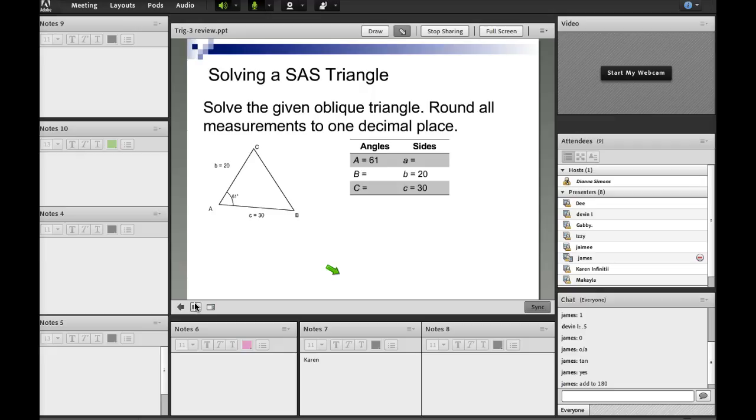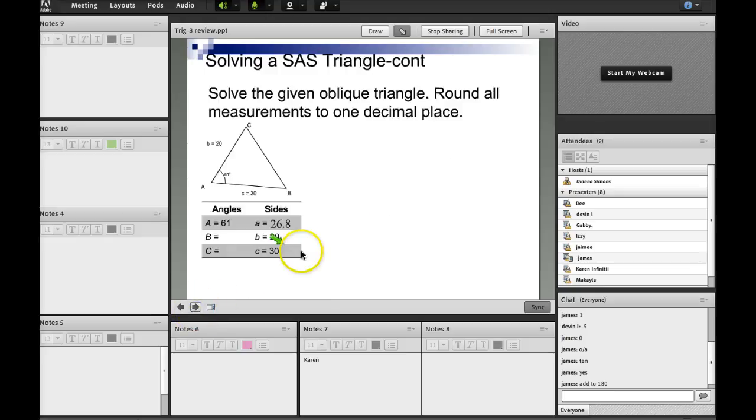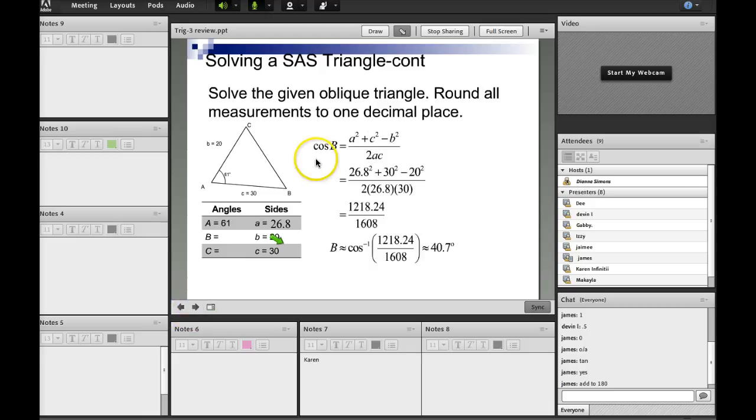Angle B, how would I find angle B? Oops, we did that. I went backwards. Okay, sorry. If I want angle B, I would rearrange my formula, and then I would take the inverse cosine.